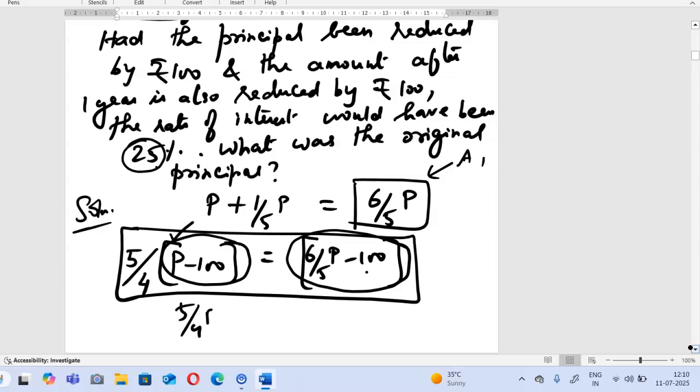So 5/4P minus 500/4 equal to 6P by 5 minus 500/5 after taking LCM. Sorry, this is 100.